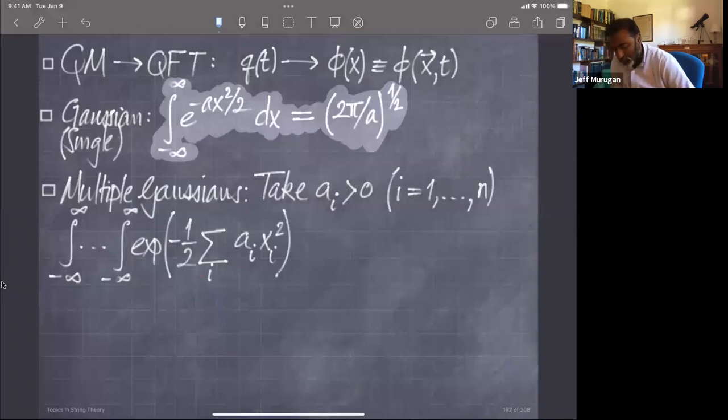So this is the Gaussian integral that we want to do, with respect to dx1 all the way through to dxn.